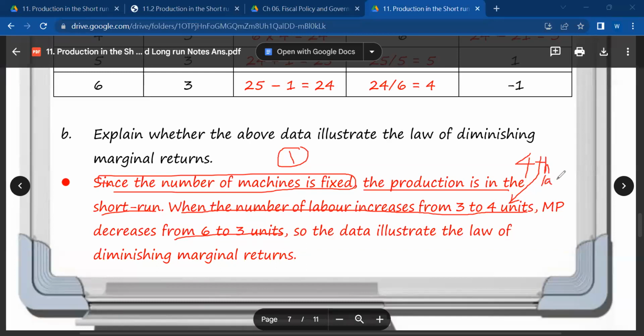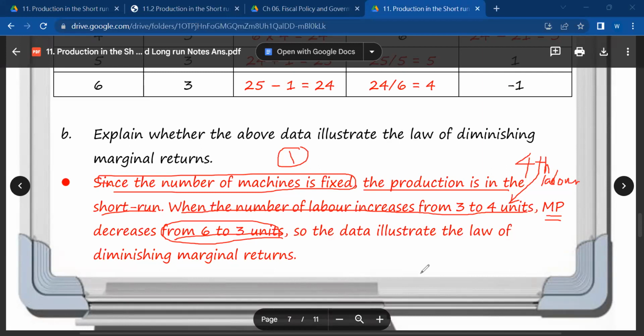You will know it when you do the past paper. 做 past paper 你就會知道，其實佢可以寫 when we employ the fourth neighbor. The marginal product, remember, will decrease from 6 to 3. So this illustrates the law of diminishing marginal return. Okay? So please listen carefully.